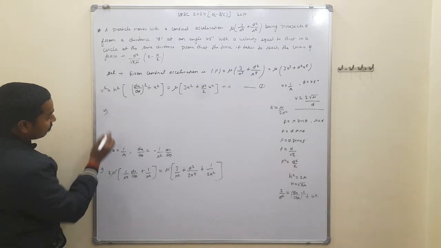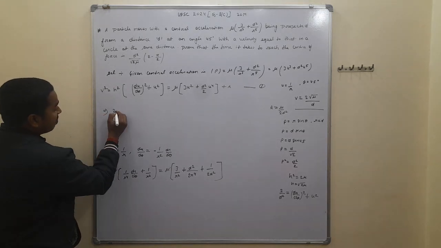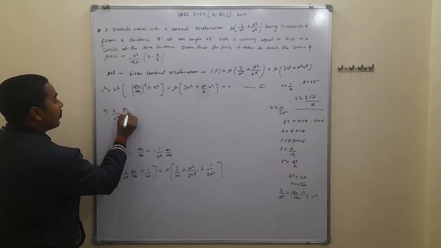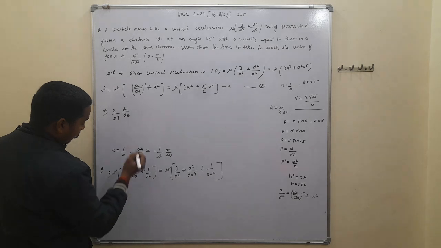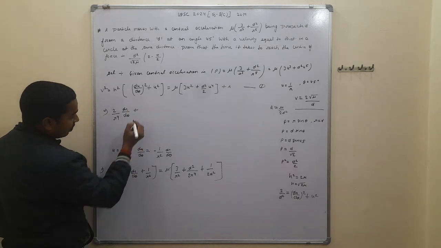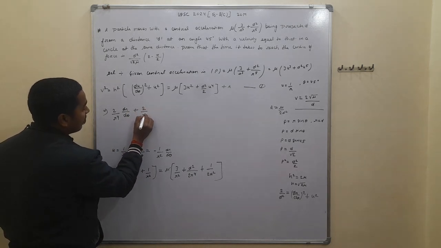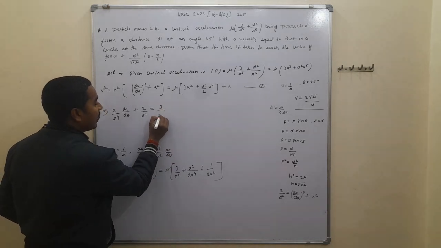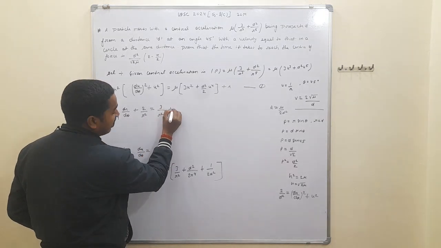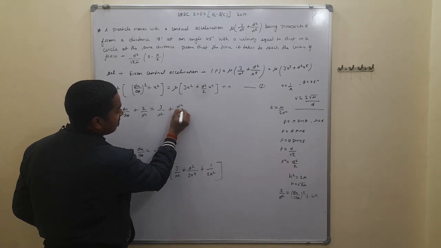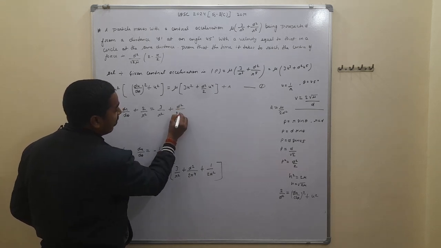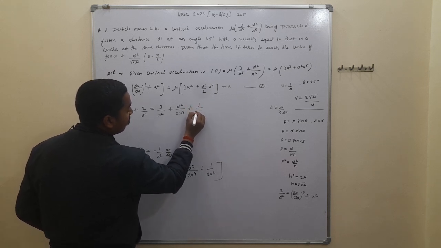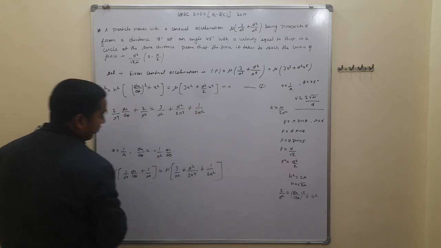Then the remaining is 2 times 2 upon r to the power 4 dr upon d theta whole square plus 2 upon r square is equal to 3 upon r square plus d square upon 2 r to the power 4 plus 1 upon 2d square.